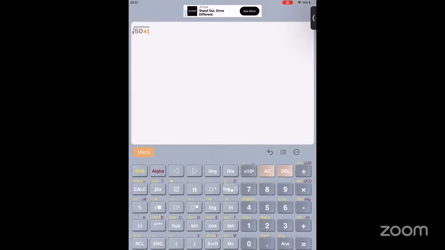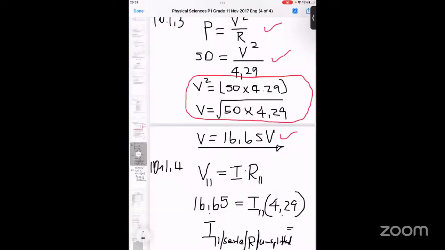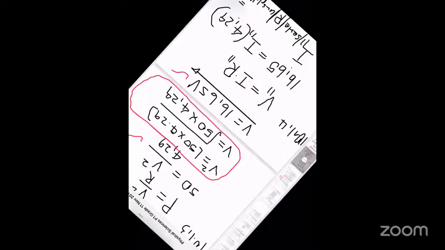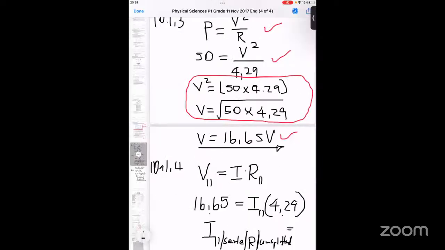That should be multiplied by 4.2. Oh, yes. It looks like I wrote that based on something else.